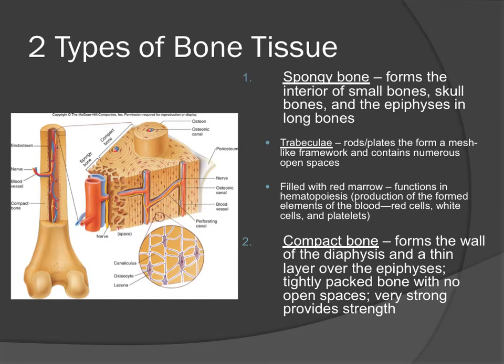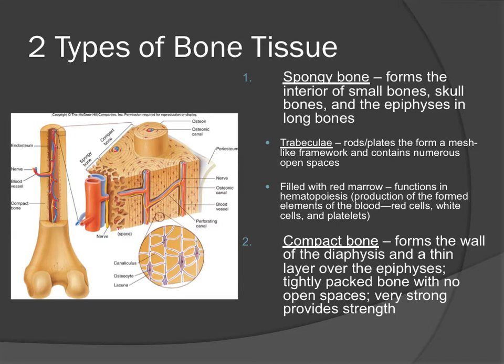So now we get into the discussion of the two types of bone tissue that I've mentioned today, and that's the spongy bone and the compact bone. So spongy bone forms the interior of small bones, skull bones, and the epiphysis in our long bones. It is softer, it is weaker, and more flexible. It is highly vascular, and vascular, of course, means blood supply.